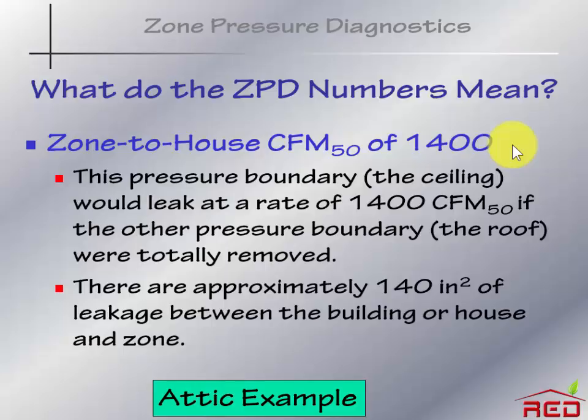And that's quite powerful. Of course, we can do this pre and post weatherization and find out what the pre-weatherization square inches is, and then find out what the post-weatherization square inches is. And keep in mind that every square inch that the workers in the attic seal will reduce the flow rate, the CFM50 flow rate, through this boundary, through the attic floor, by about 10 CFM.